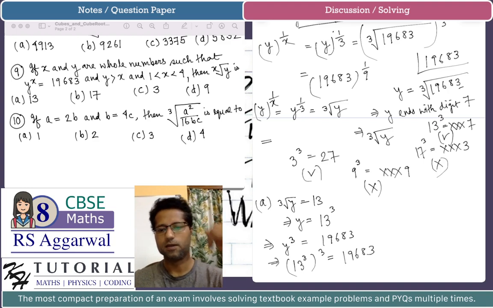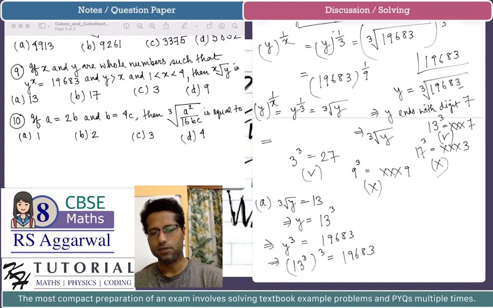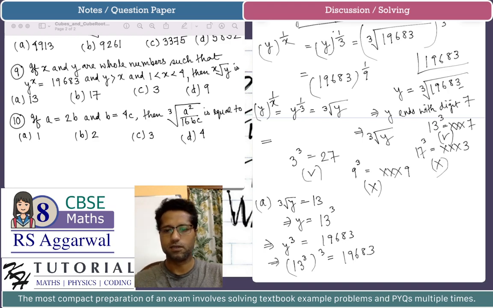But on the left hand side, 13 cubed will obviously have three digits, and if you take a cube of a three-digit number, then the result will obviously be minimum 6 digits, and the number 19683 is of 5 digits. So the correct choice is C.